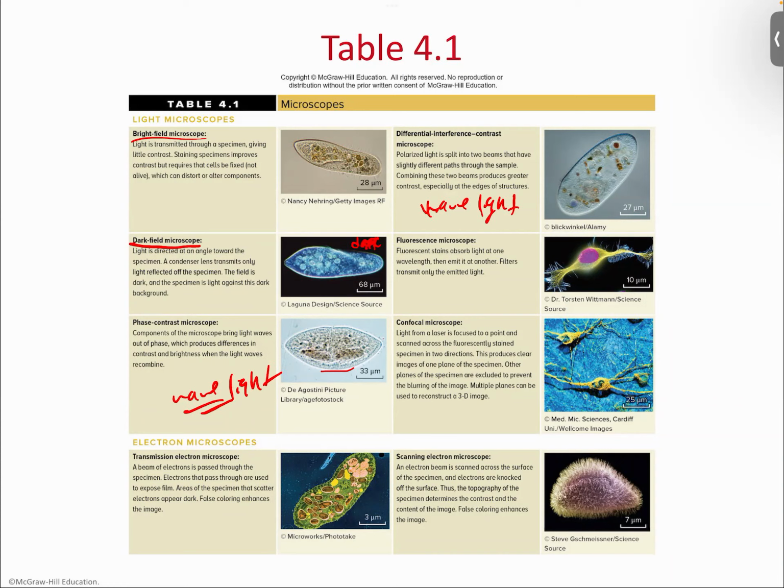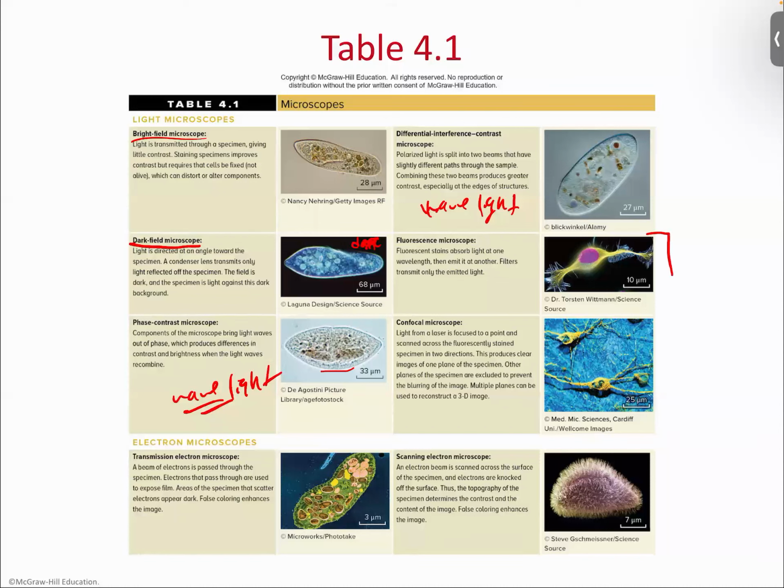This is a situation where you take polarized light and beam it through, and it creates this translucent, bas-relief looking structure. This is one of my favorites, right? It's the same thing, just different manipulations of how you're playing around with light. It's all about optics. They're all just variations of light microscopy.